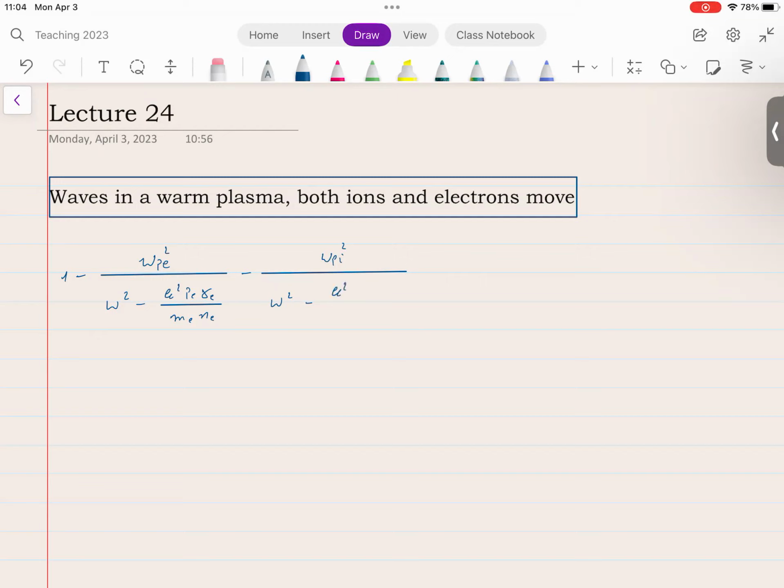And we have the spatial dispersion that comes from the presence of k square in the denominator.